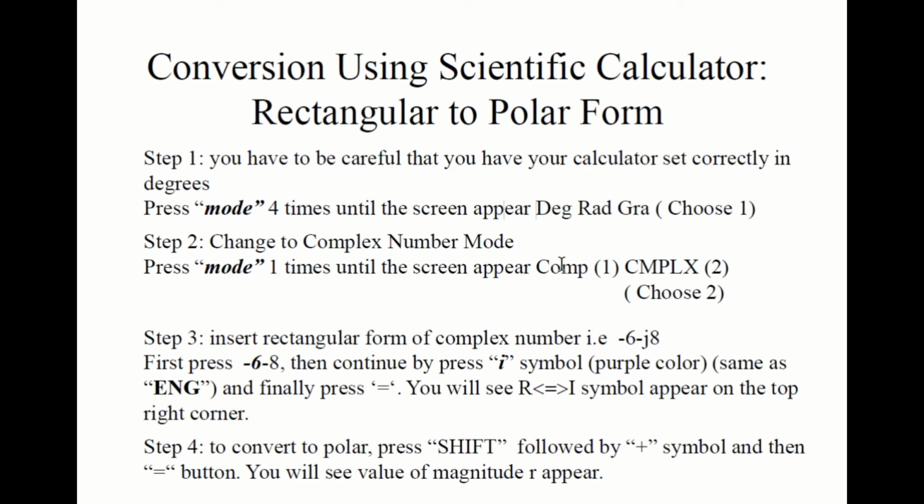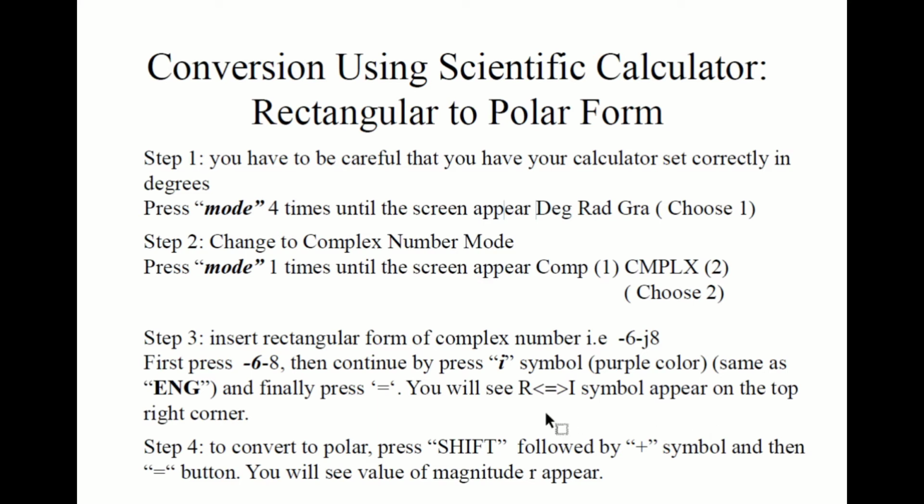Here, choose 1, which is degree. Step 2 is to change the mode to complex number: choose 2, complex. This setting needs to be done before you can convert rectangular to polar or polar to rectangular form.